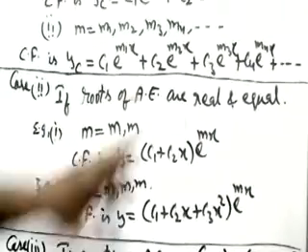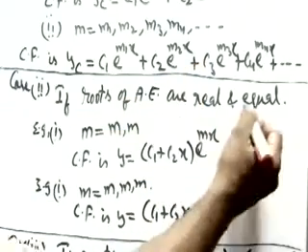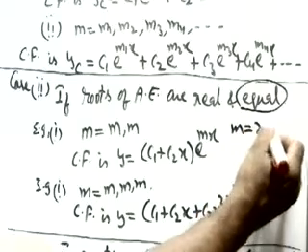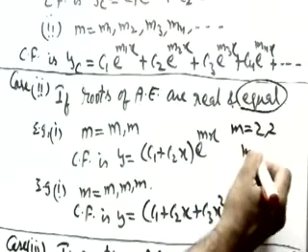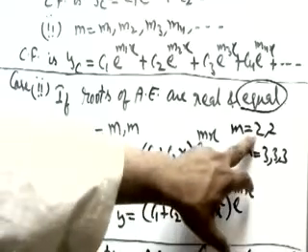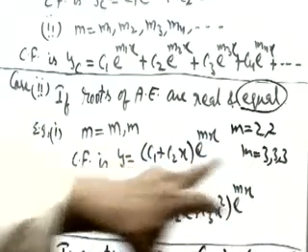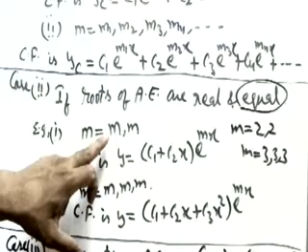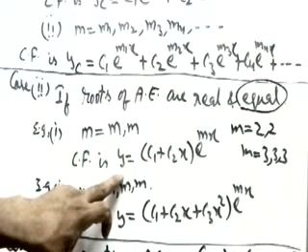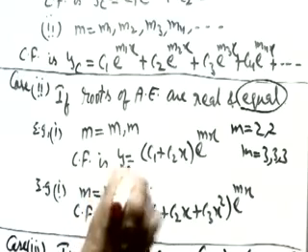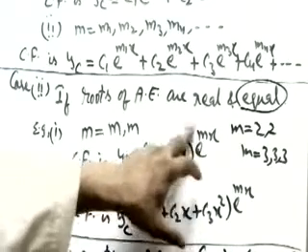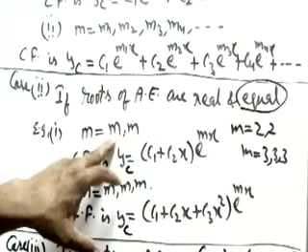And case 2 is when we get the m values real and equal. If the m values are repeated, for instance m = 2, 2, or m = 3, 3, 3, then we have to use this formula. Suppose we get two values the same, then the complementary function is yc = (c1 + c2 x) e^(mx).